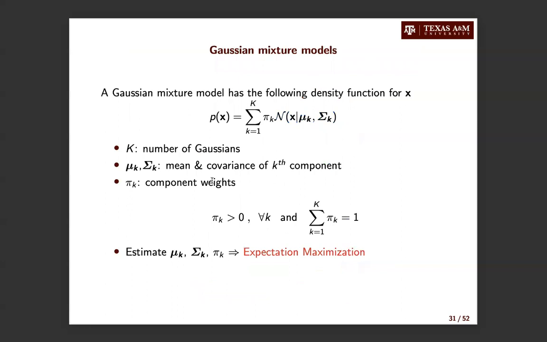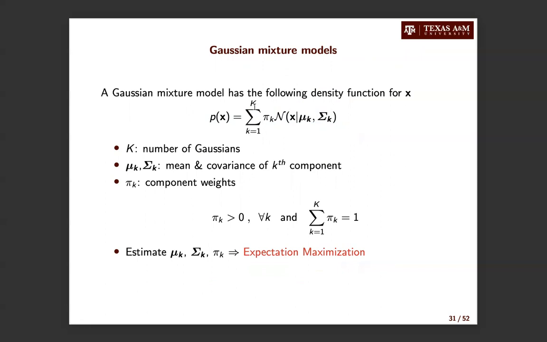So having said that, we also need to put this in a mathematical form. The probability of observing a sample X is equal to the sum over all Gaussian mixtures.